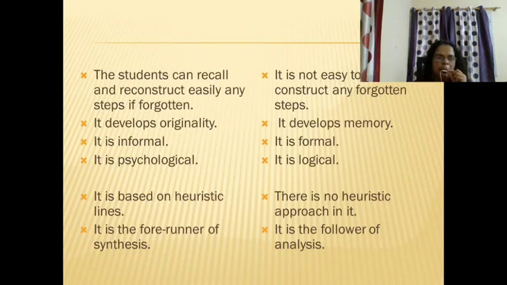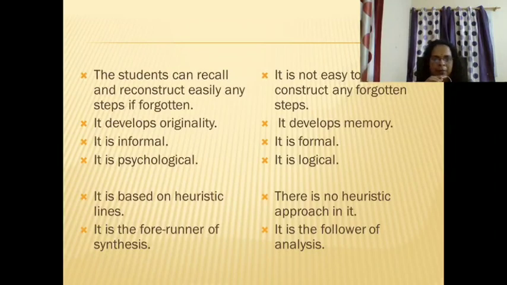Why is it informal? There is no structured manner, because there is no rule like the teacher should ask this number of questions, or the student should give this answer. When the teacher asks a question, it is not necessary that the student will say the same answer the teacher expects.